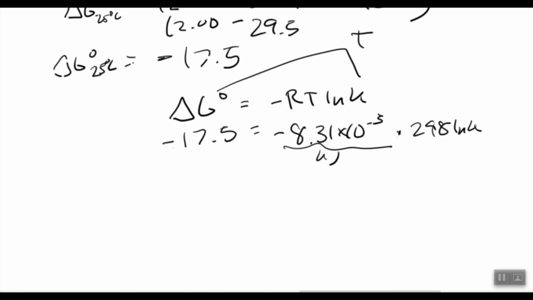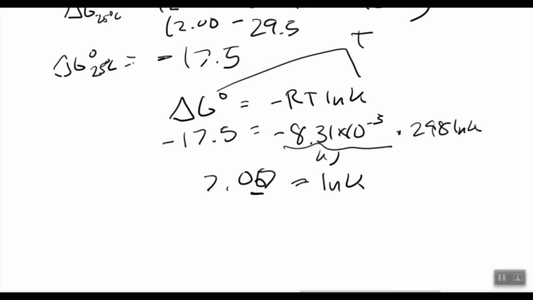I got 7.07, so 7.067, three sig figs, is equal to the natural log of K.